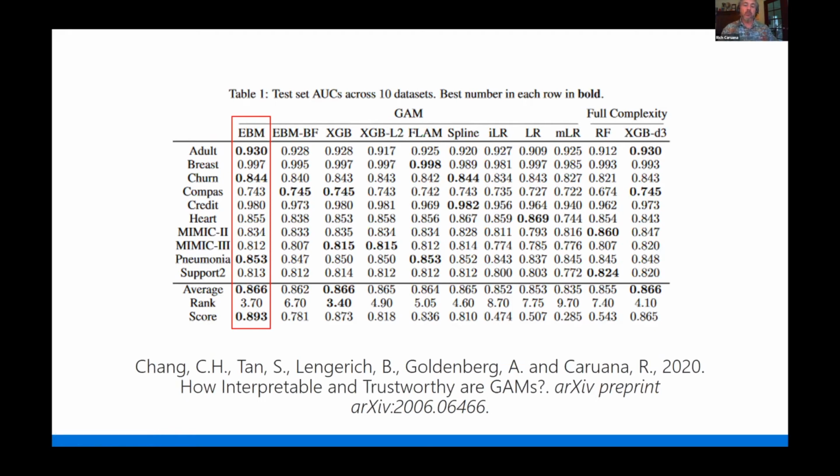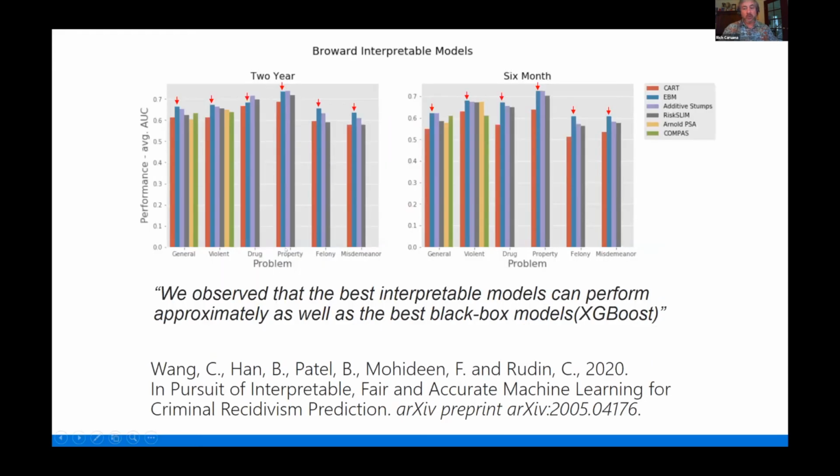Here's work done by Cynthia Rudin and team. Cynthia is another person who's very well known in the intelligibility community. And what they did was compare a number of interpretable models, and the arrows are pointing to EBMs. And I believe on 9 of these 12 comparisons, we're the best model. On another 2 out of 3, we're the second best.